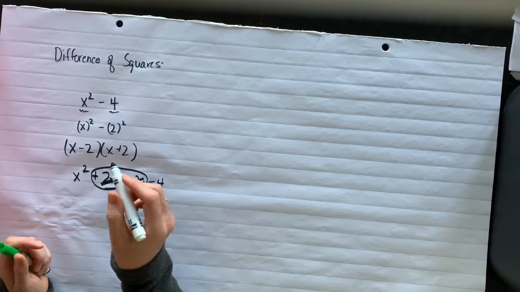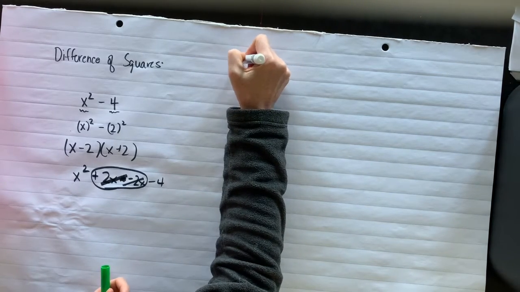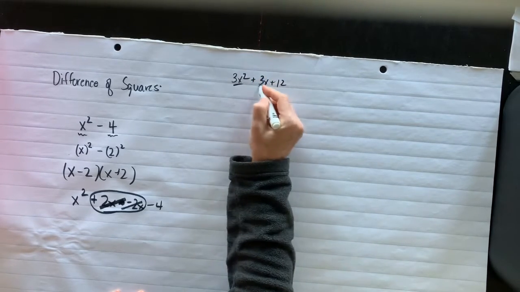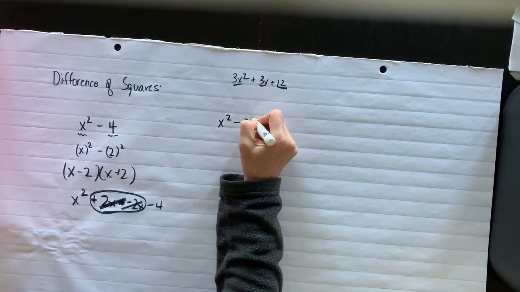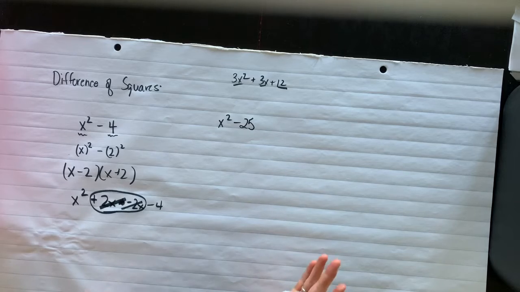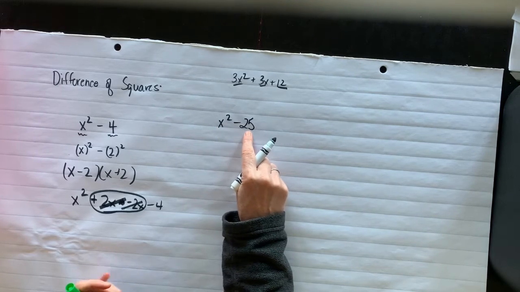So whenever you see a binomial, remember up to this point, we've been looking at things like 3x squared plus 3x plus 12. That's a trinomial, 3 terms. If you see a binomial, like x squared minus 25, and you think that you can't go anywhere with it, you have to give yourself a quick check and say, is that a perfect square minus a perfect square?